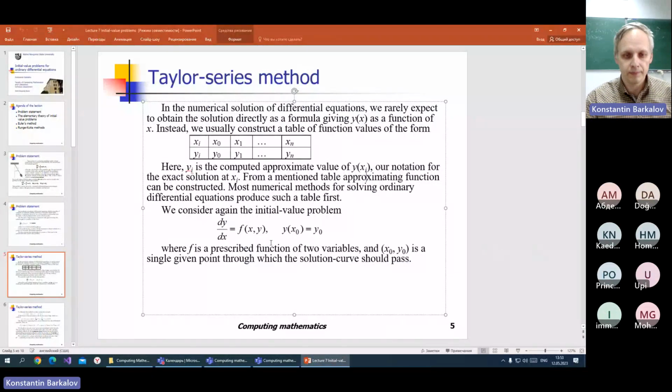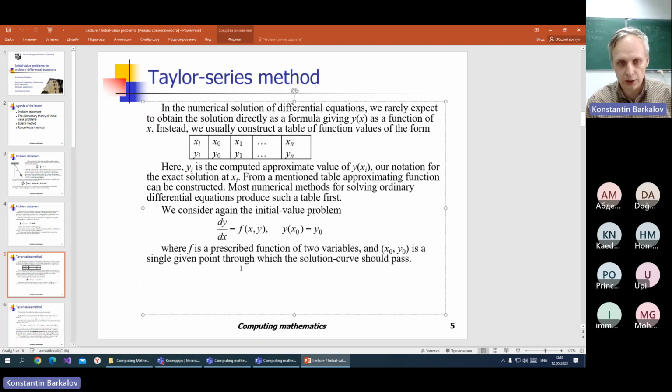Okay, I come back to the presentation. Well, let's consider the initial value problem: y prime equals f of x, y, with y of x0 equals y0, where f is a function of two variables.